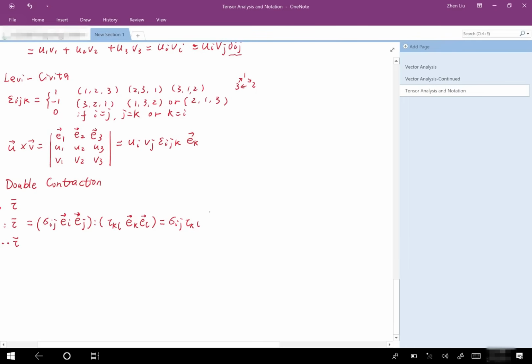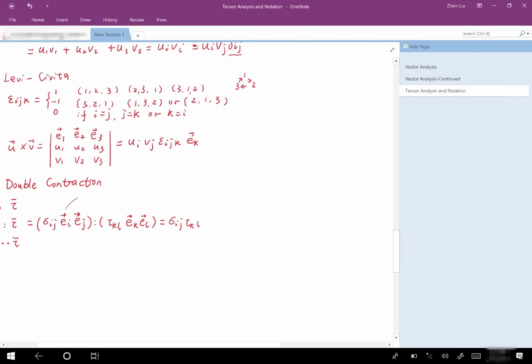And if we write a double contraction in this way, because we know that for tensor product there's no commutativity, we cannot change the position of e_i and e_j.